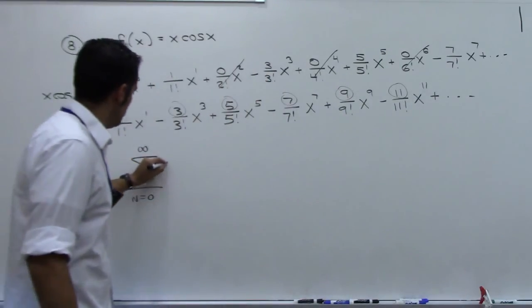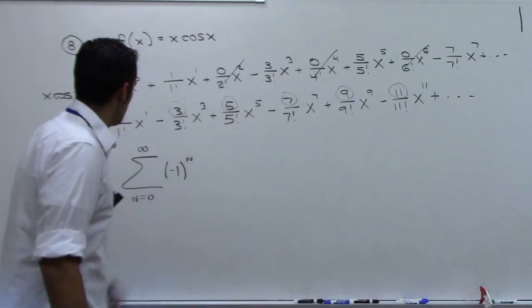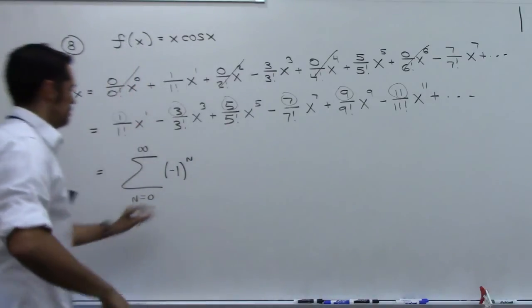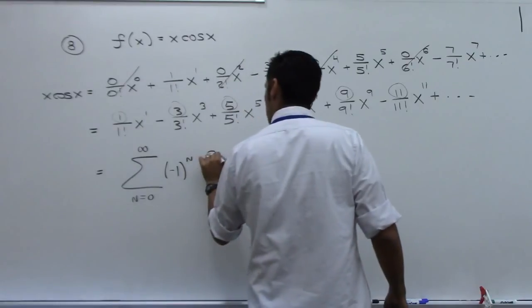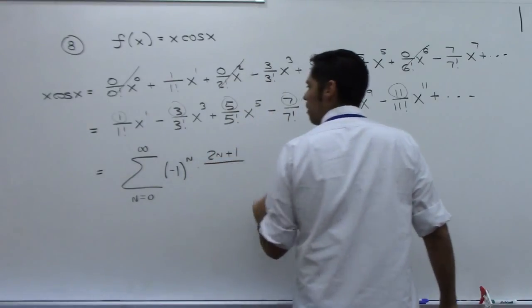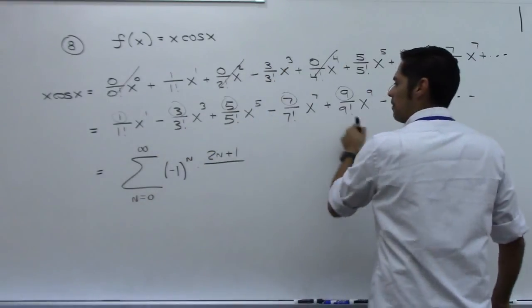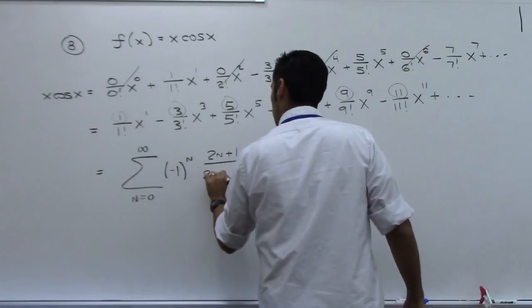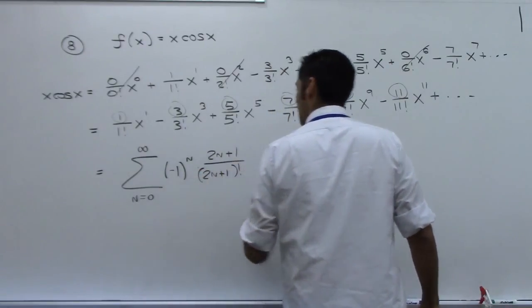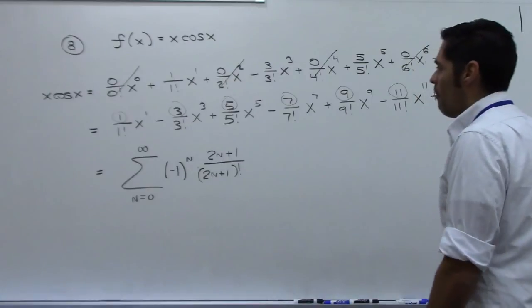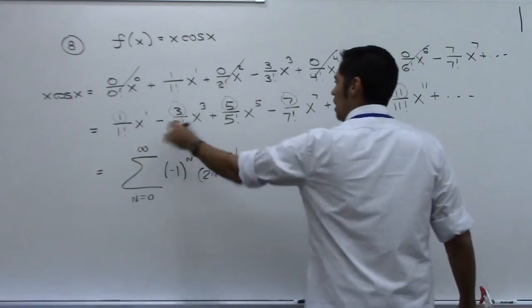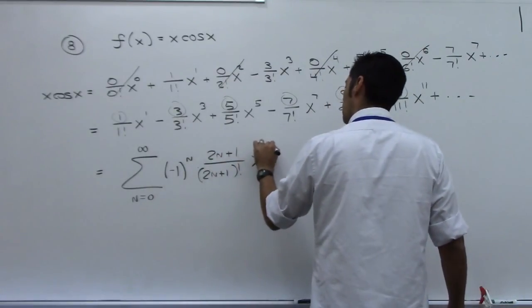I need to start with a positive, so negative 1 to the n will work. And then all the odds, starting with 1, so 2n plus 1 over all the odds again, factorial. And then all the odds again on the power of x, starting at 1.